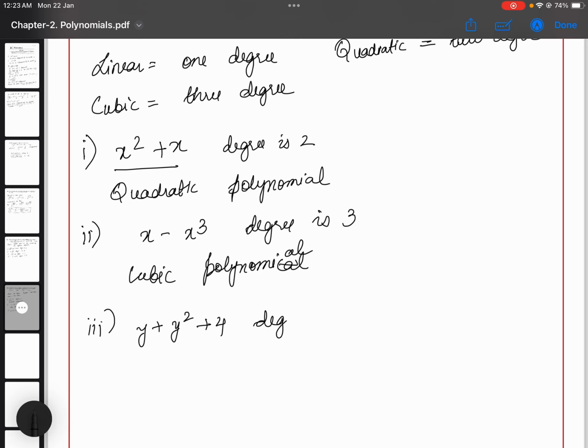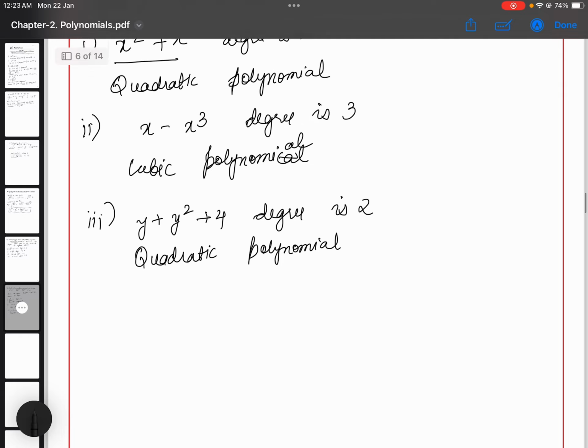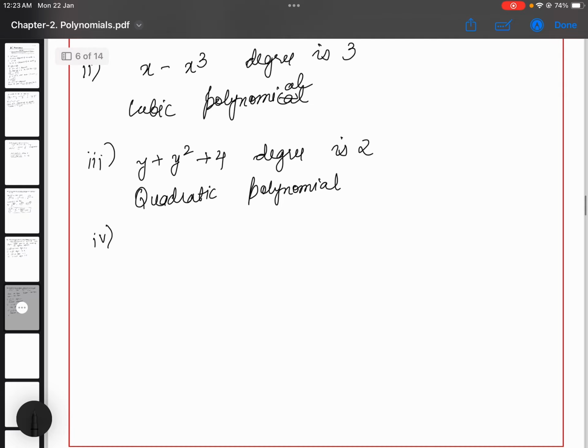The degree here is 2, right? So it will be a quadratic polynomial. Fourth is 1 plus x. The degree here is 1. So this is a linear polynomial. Okay.